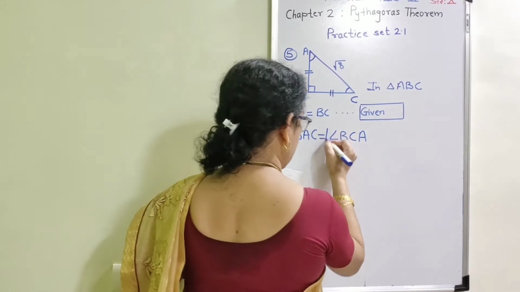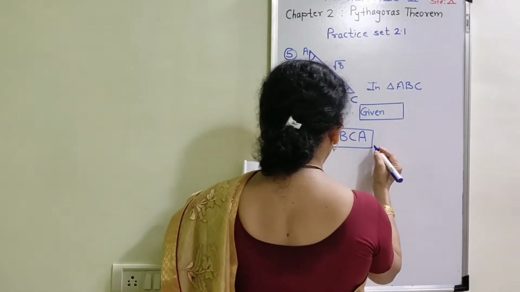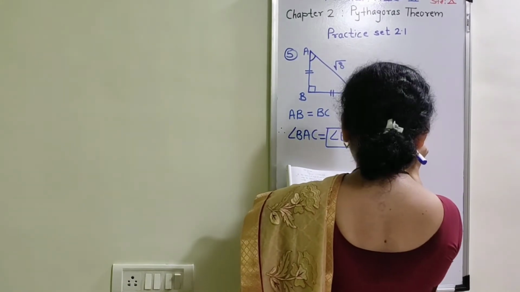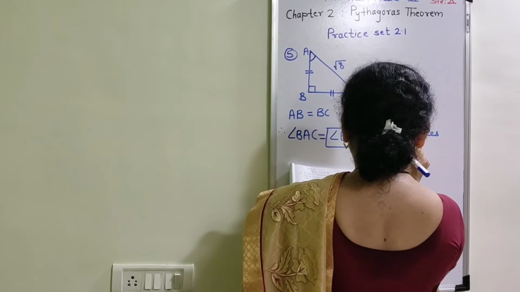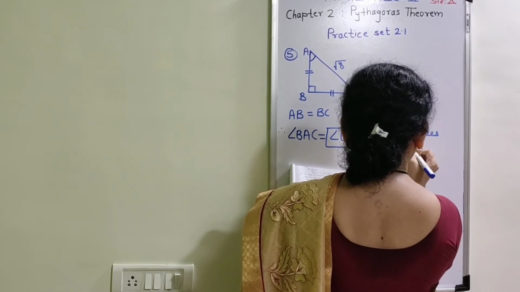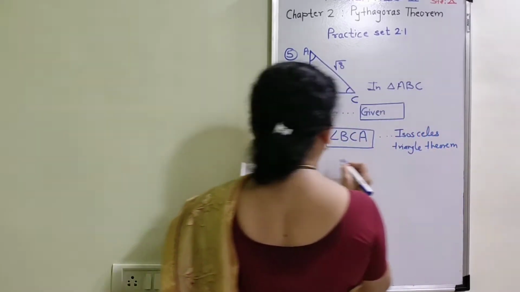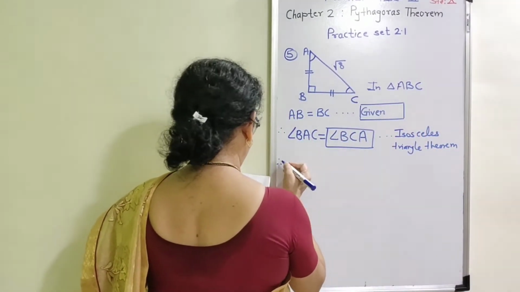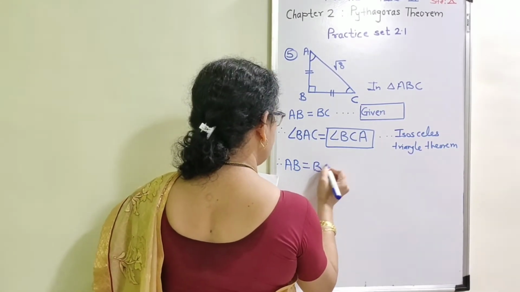This is your filling the blank. They have not given this name, and the reason is the isosceles triangle theorem, and therefore AB is equal to BC.